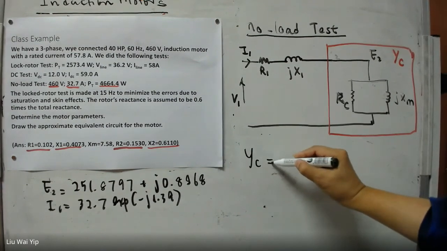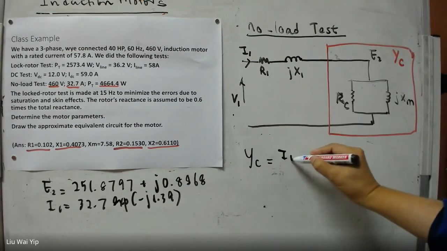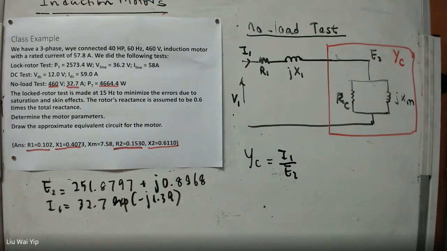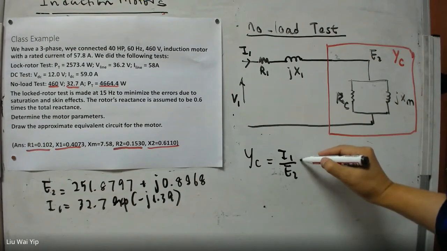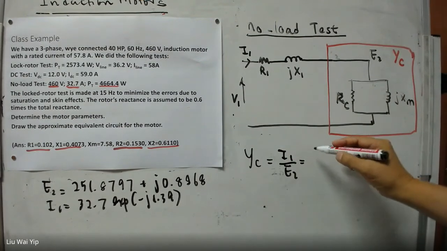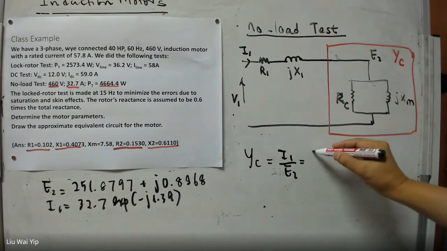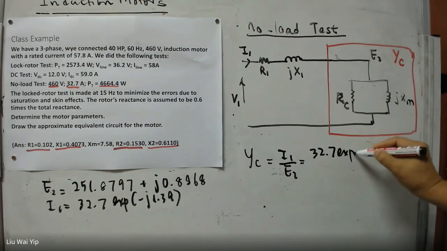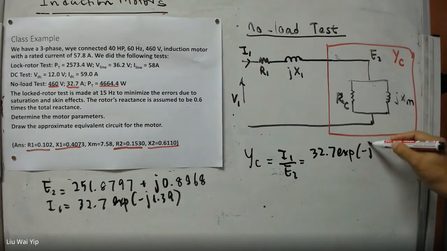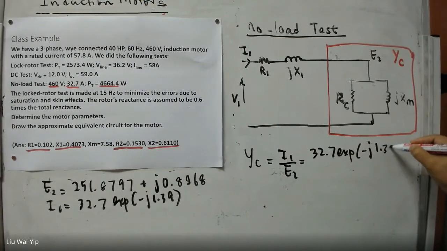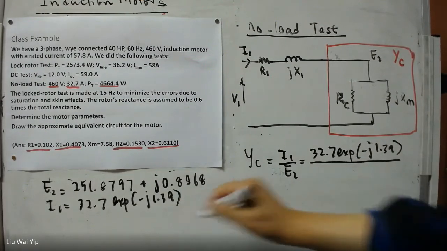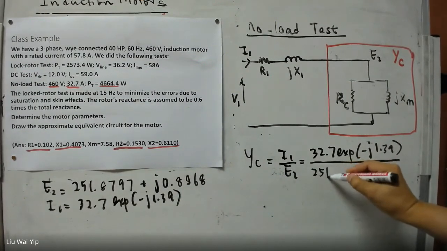YC is going to be I1 over E2. So you have to use GNU Octave or Matlab to work this out. It's not going to be easy.